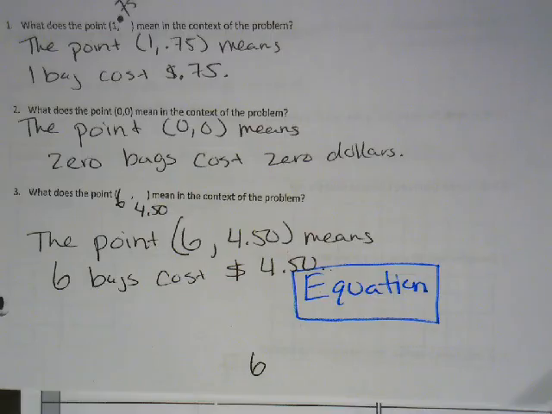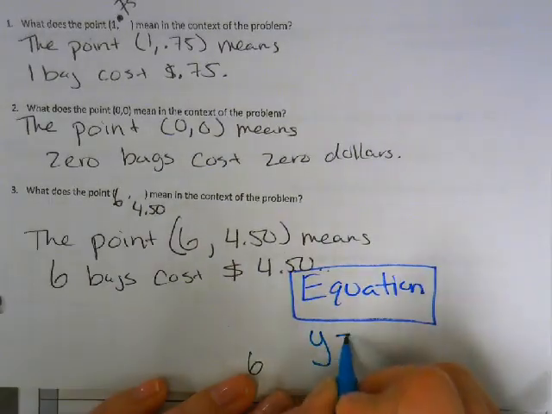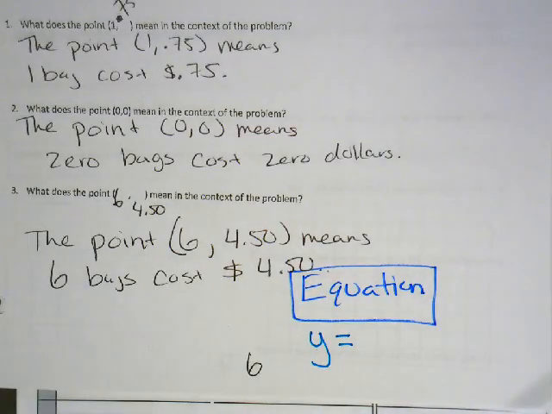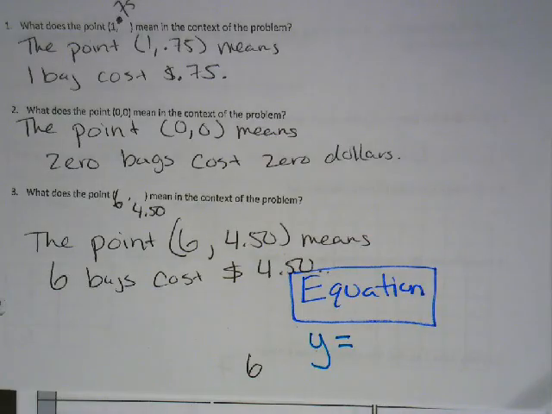All of these problems have equations. We will now start writing an equation for each problem. In 7th grade, your equation will always start with y equals, followed by, before your x, a number. What number, though? Decimal sometimes.